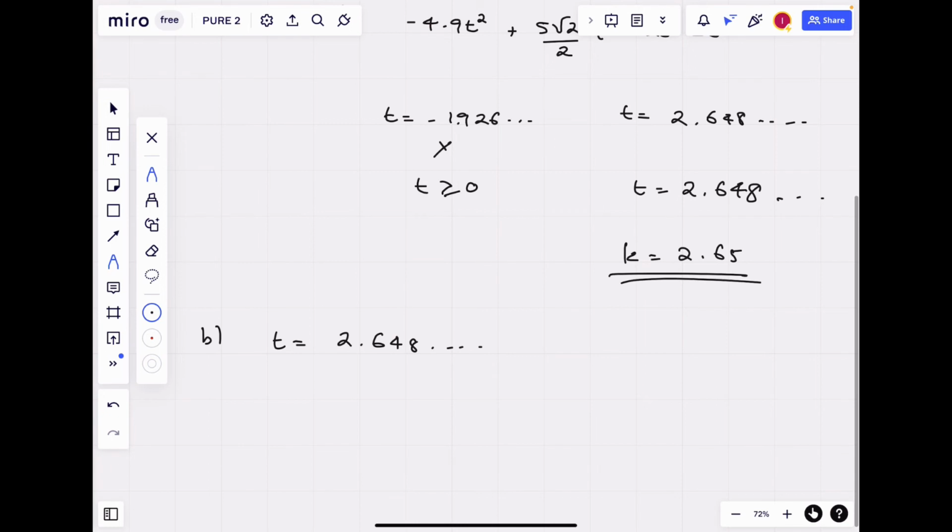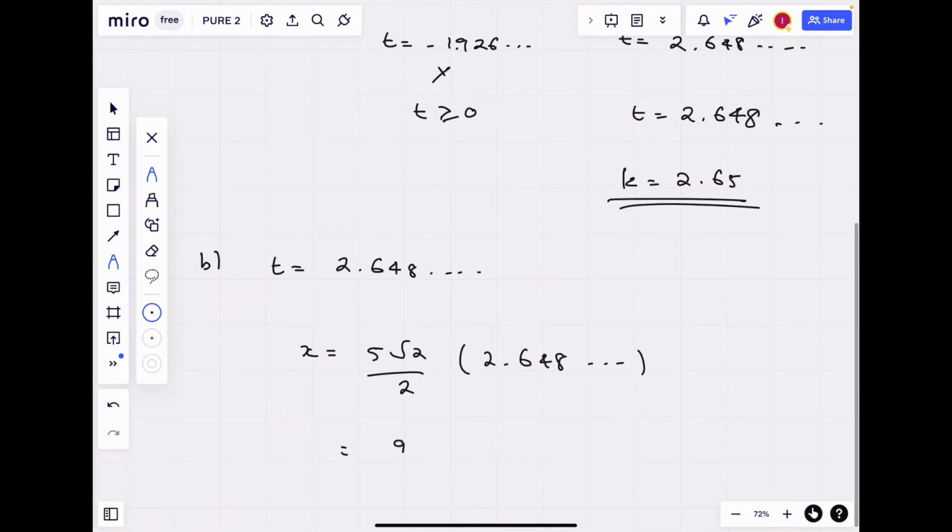It says find the horizontal distance traveled. So you're trying to work out x when t equals 2.648 blah blah blah. So 5 root 2 over 2 times that number, which gives you 9.362 meters.